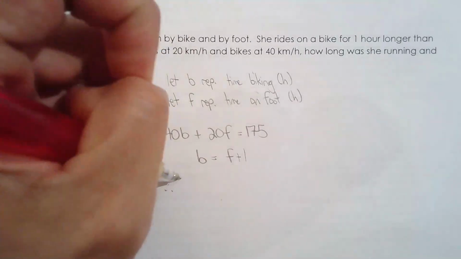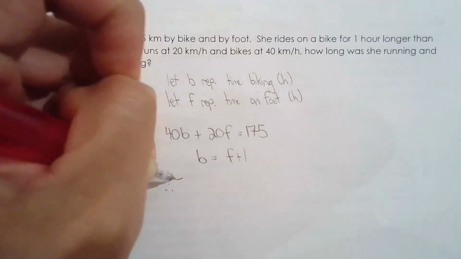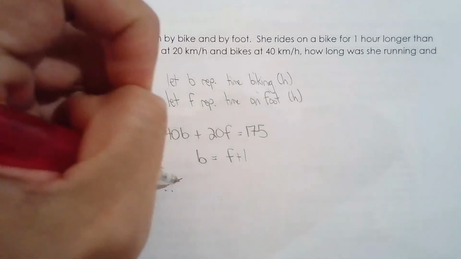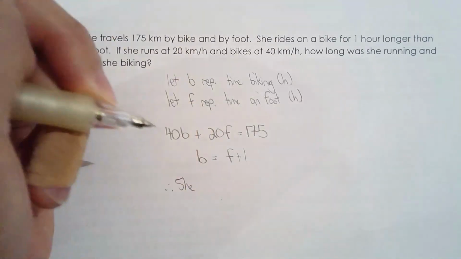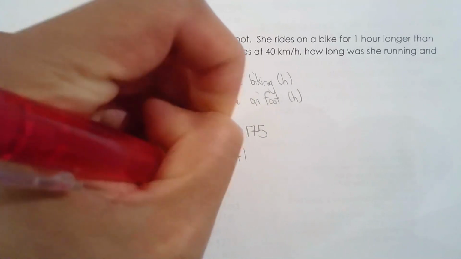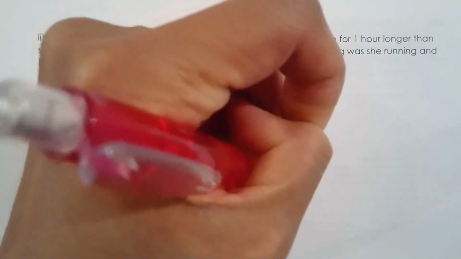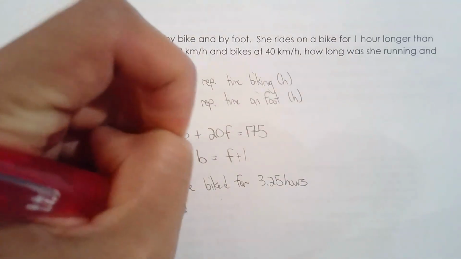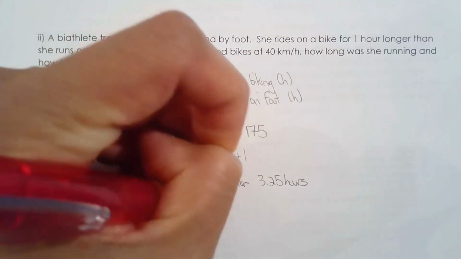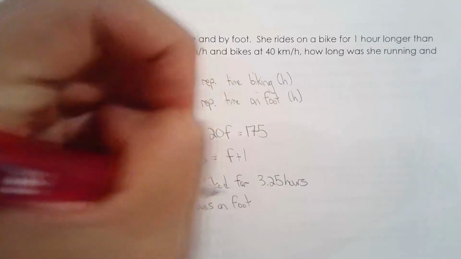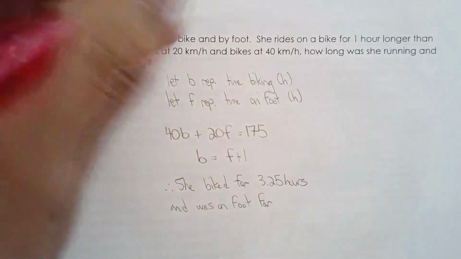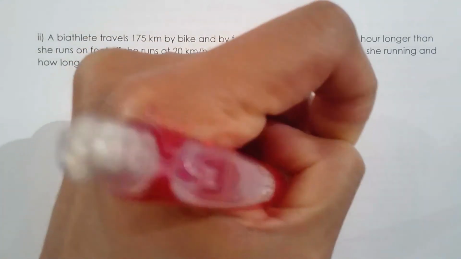Therefore, she biked for 3.25 hours and was on foot for 2.25 hours.